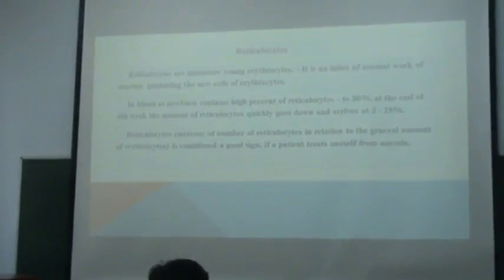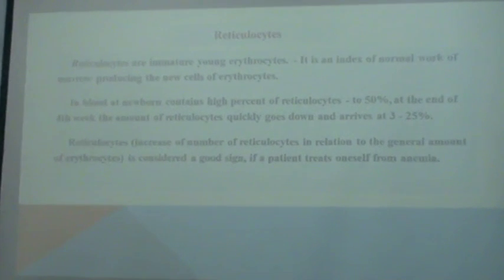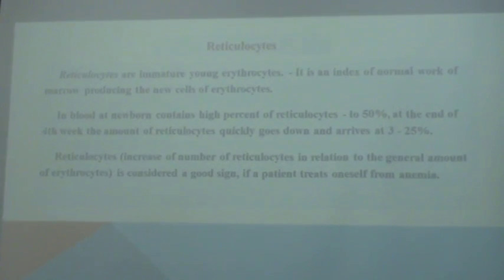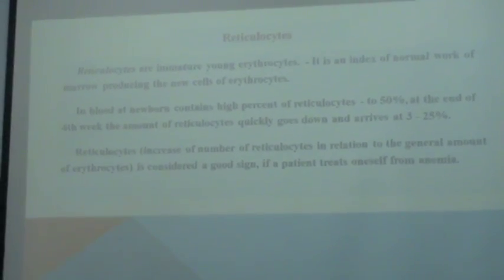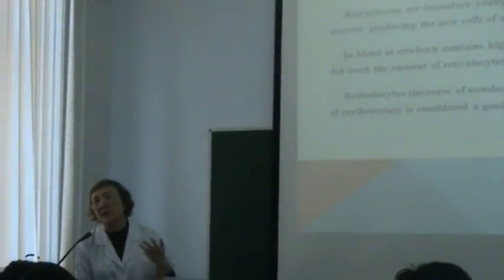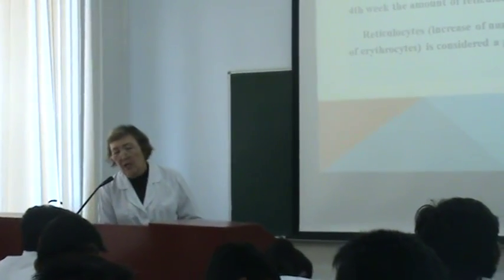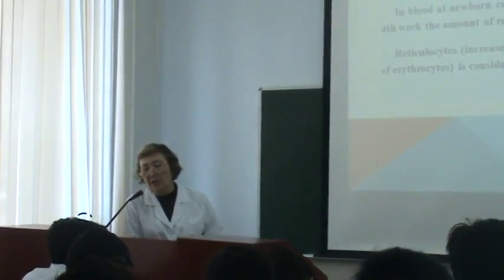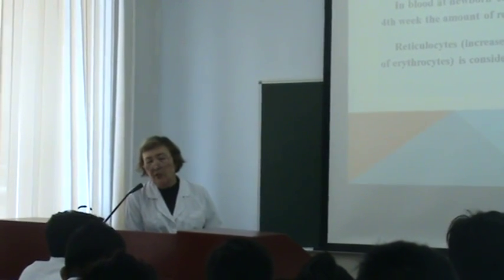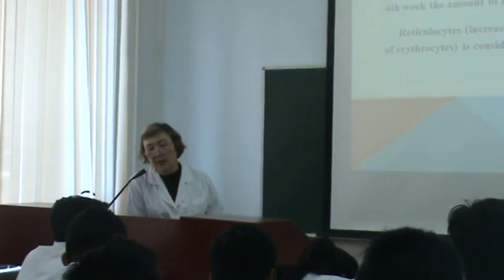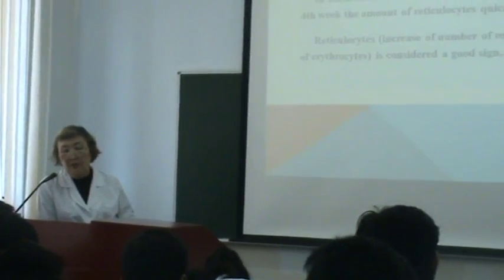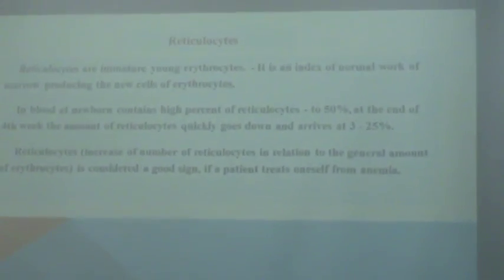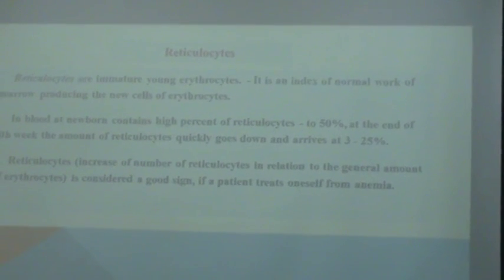At the end of the 4th week, the amount of reticulocytes quickly goes down and arrives at 3 to 12-25% maybe. An increase of the number of reticulocytes in relation to the general amount of erythrocytes is considered a good sign if the patient is recovering from anemia, because new emerging elements appear.